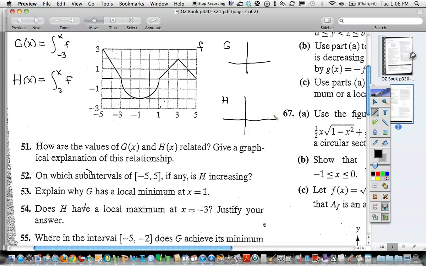Above the x-axis, increase and equal 0 at 3. So it should still be the same.